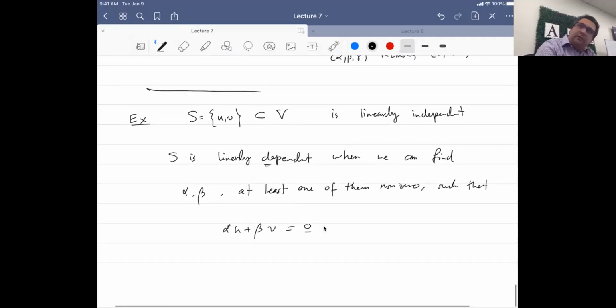Say beta is non-zero. If beta is non-zero, then can I write v in terms of alpha?